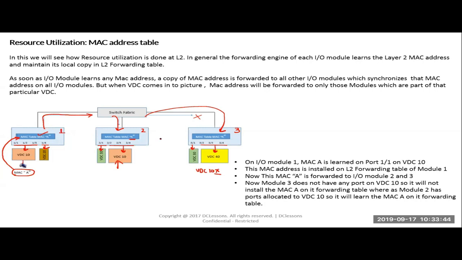In that case it will not install MAC A in its MAC table. So this is how the MAC address table is populated when you are using a VDC context. By this feature you can utilize your resources well. Understood?